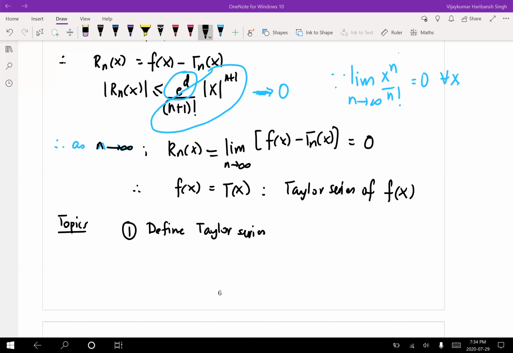So these are the objects you need to know. You need to be able to find the Taylor series. Then you should be able to find Taylor polynomials.